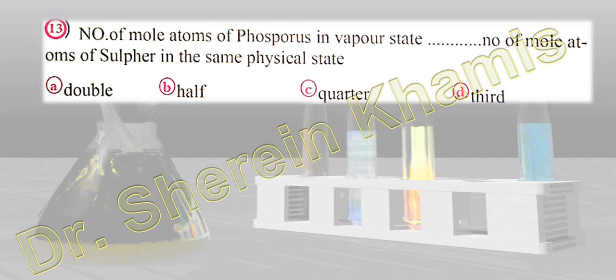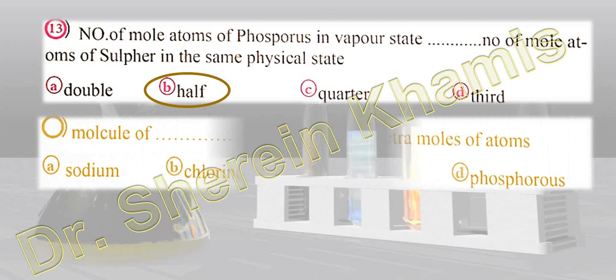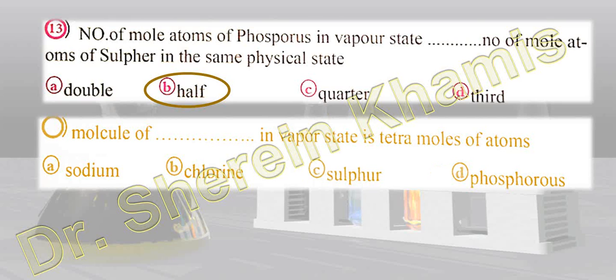So phosphorus has 4 atoms in 1 mole in the vapor state, and sulfur has 8 atoms in the vapor state also. So the number of atoms of phosphorus will be half the number of atoms of sulfur in the same physical state, meaning they are both in the vapor state.